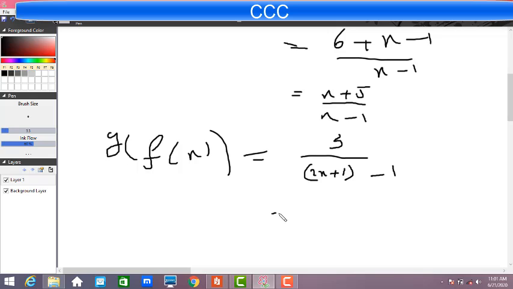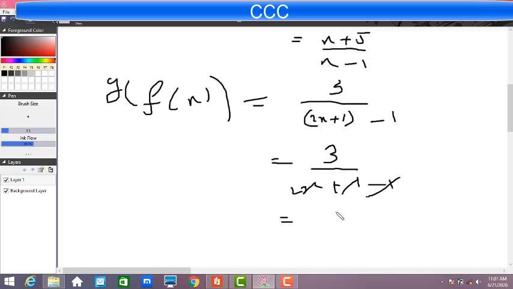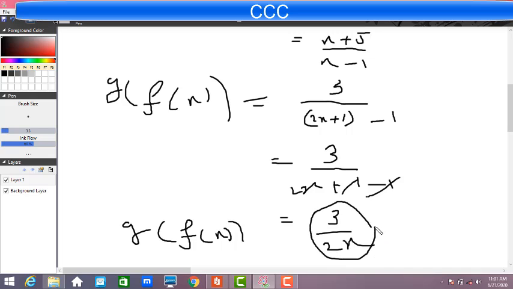So after simplification, we get the result 3 over 2x plus 1 minus 1. So we cancel it. That means the result will come 3 over 2x. So it is equal to g of f of x. So this is known as composite function of g of f of x.